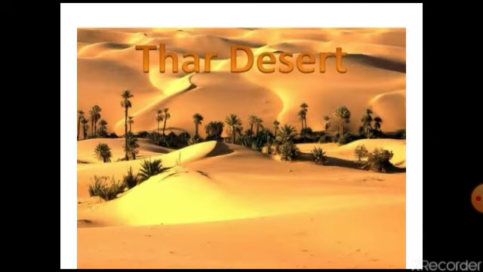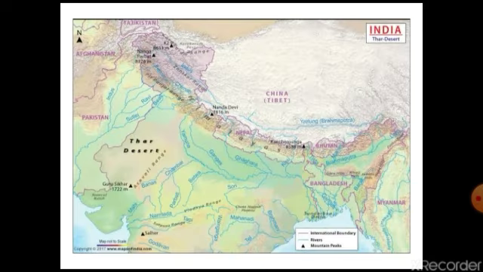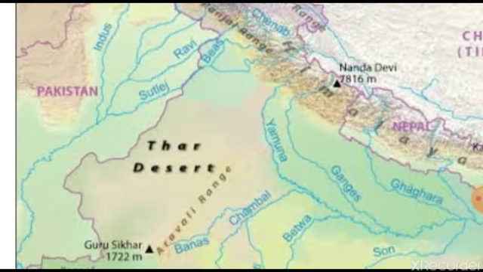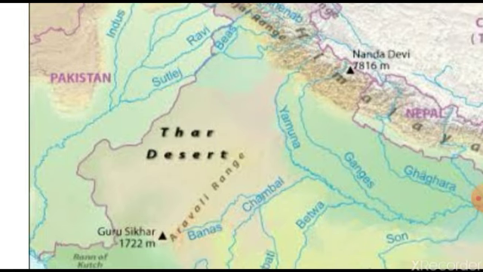In India, we have a large desert called Thar Desert, which is in the Rajasthan state of India. It is a very dry desert. Some people also live there. India shares a border with Pakistan in this desert.